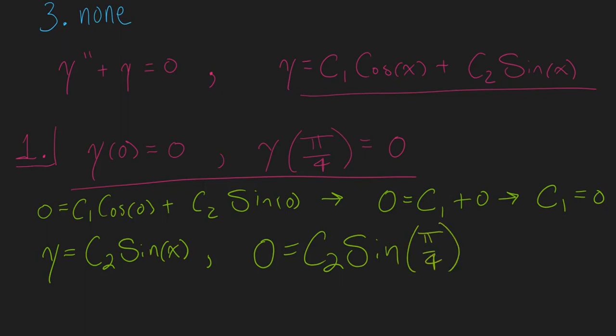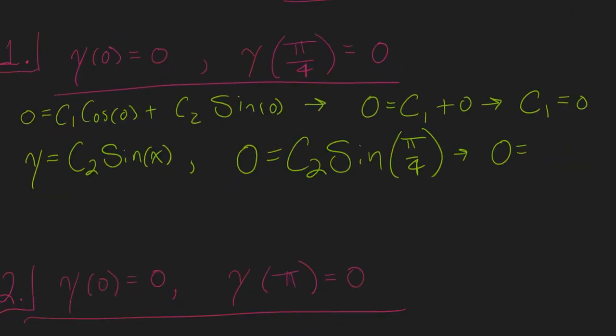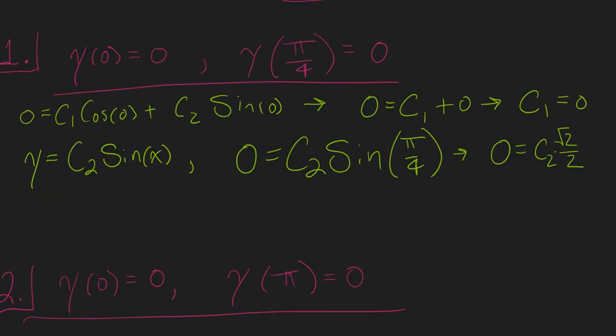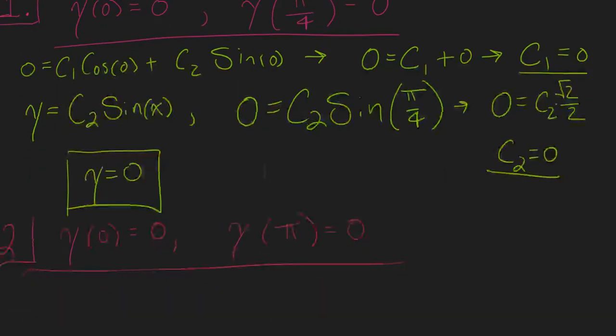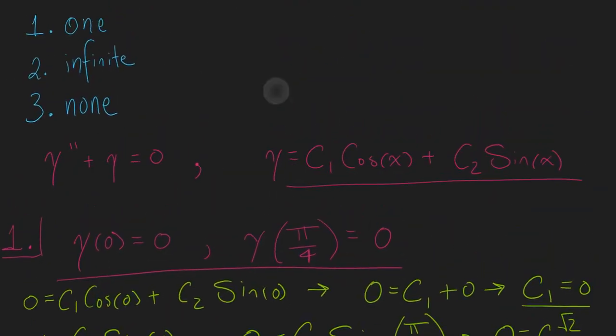Sine of pi over 4 is the square root of 2 over 2, so 0 is equal to c2 root 2 over 2. For what inputs of c2 is this true? The only input that works is c2 equal to 0. Which means that both c1 and c2 are equal to 0, and our solution is unique, and it's y equals 0. So that is the case where we have one solution.